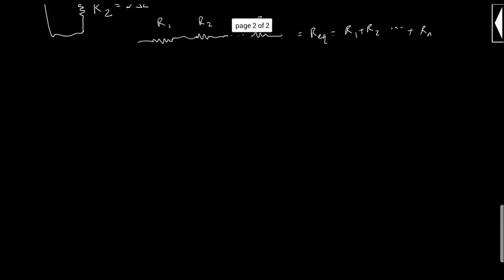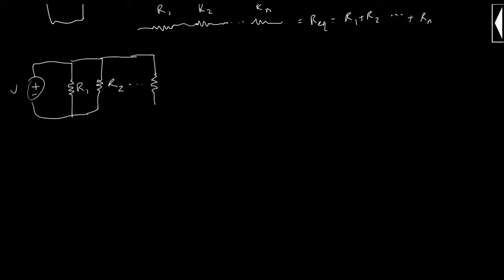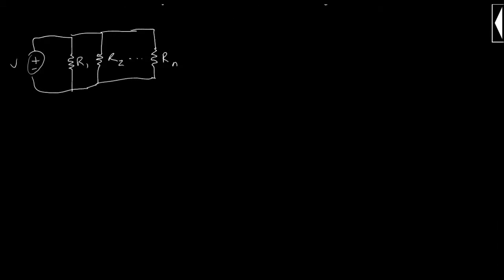In parallel, however, it's a little bit different. You have, say, your voltage source, R1 and R2. Let's just have 2 for instance. Let's extend this out. Let's say you have up to Rn resistors in parallel.